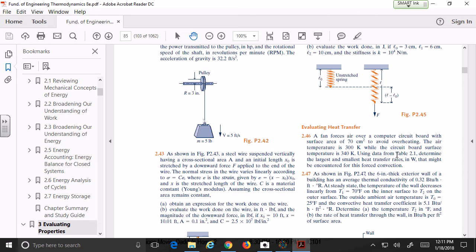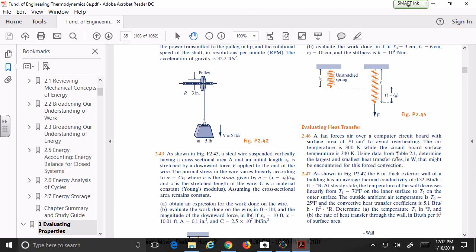You can transfer it through conduction, convection, or radiation, okay? There is a whole class just to study conduction and convection. I think there should be a completely different class for radiation, but again, we give you a little introduction.